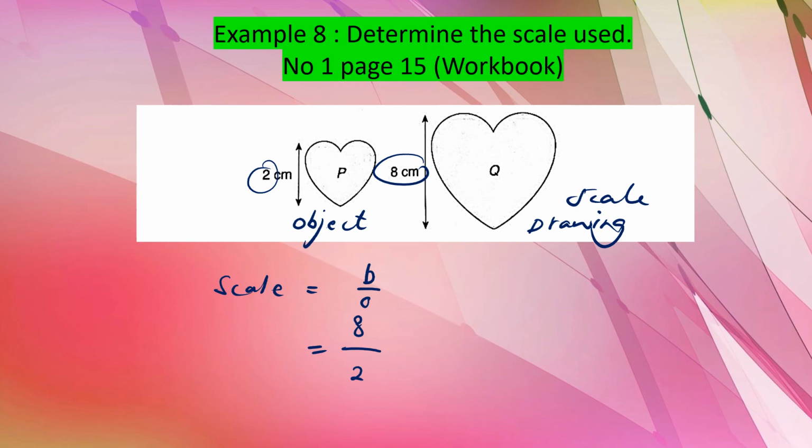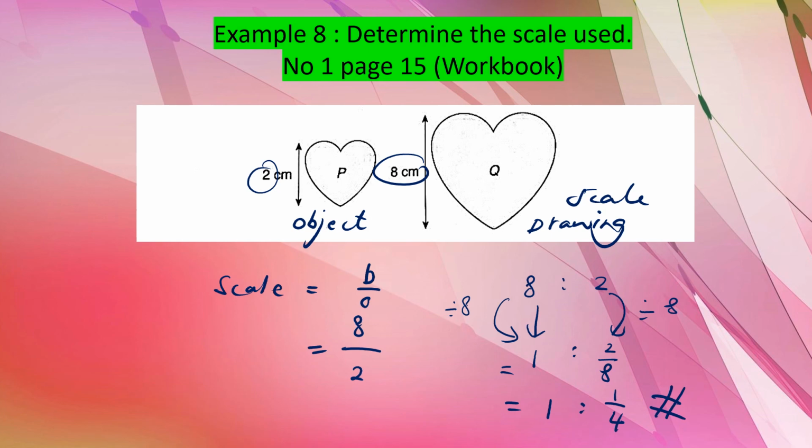So 8/2, and the 8 you must change to 1, so you divide by 8, and the 2 here is also divided by 8. So 2/8, you simplify the fraction, it becomes 1/4. So this is your scale.